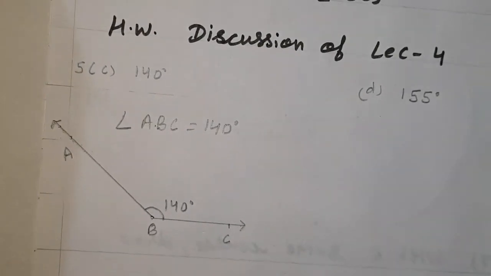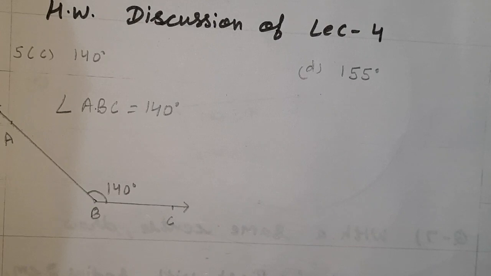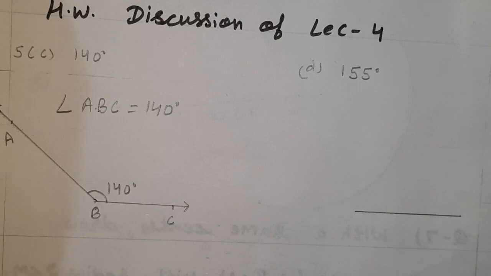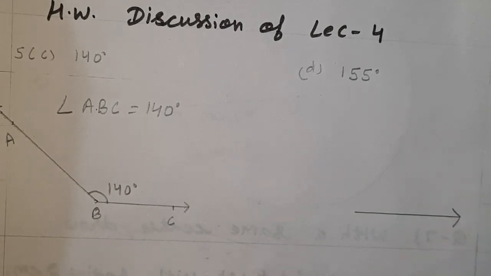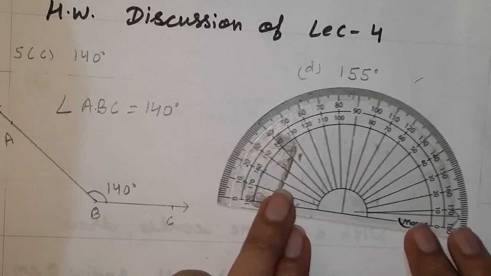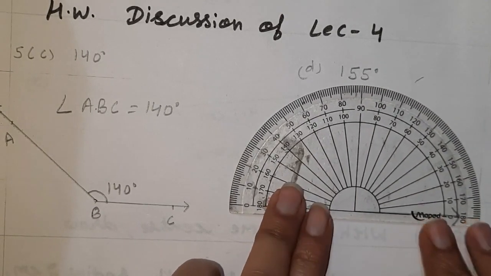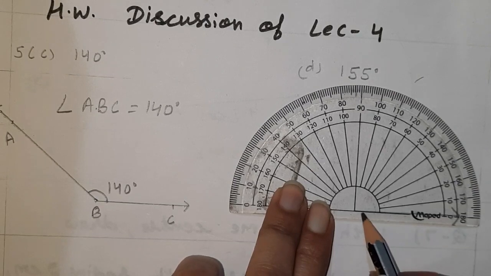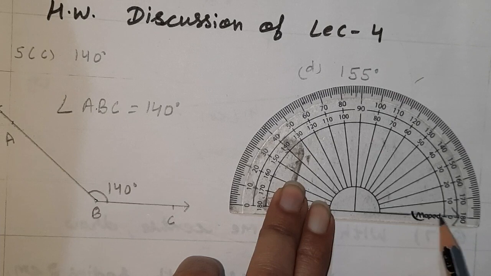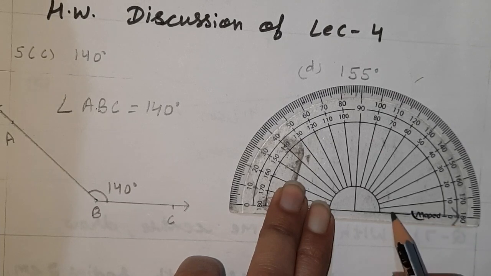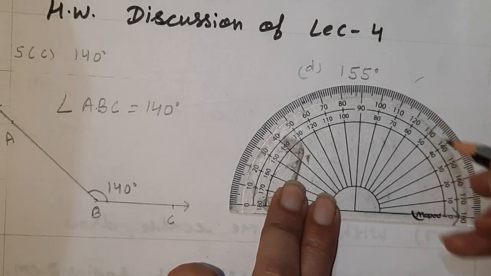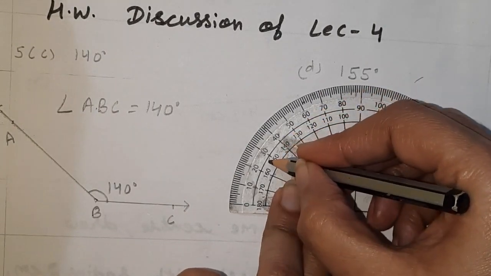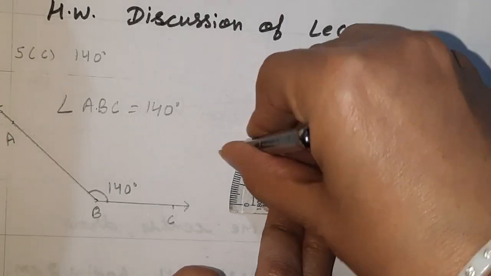Right? Now 155 degree. Draw the line segment or draw a ray. Ray I have taken. Put the protractor at this point. Okay, be careful. On this line of protractor, your ray should be overlapped. Now from 0 to 155, here it is 150 and 155.